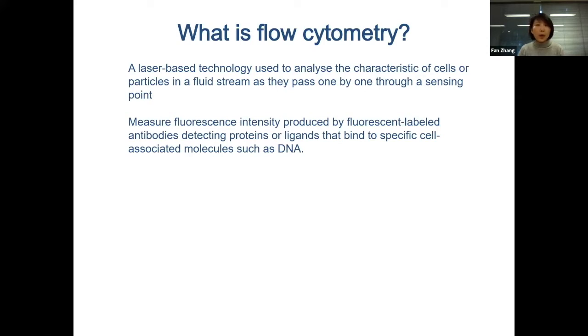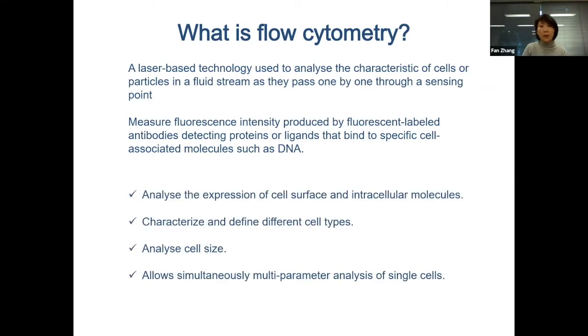Flow cytometry measures fluorescence intensity produced by fluorescent conjugated antibodies or fluorescent ligands that bind to internal molecules such as DNA. Flow cytometry can analyze the expression of extracellular and intracellular molecules. It characterizes and defines different cell types, analyzes cell size, and allows simultaneous multi-parameter analysis of single cells.